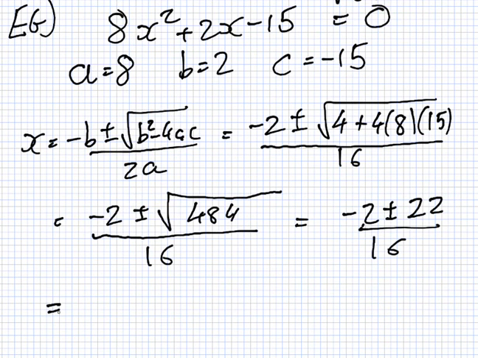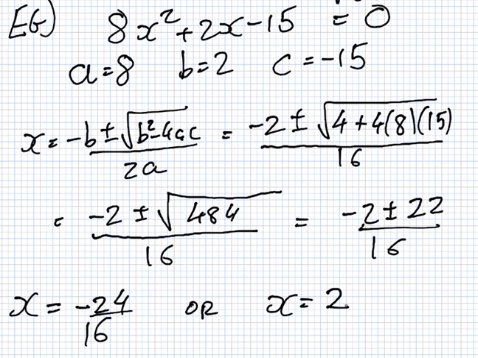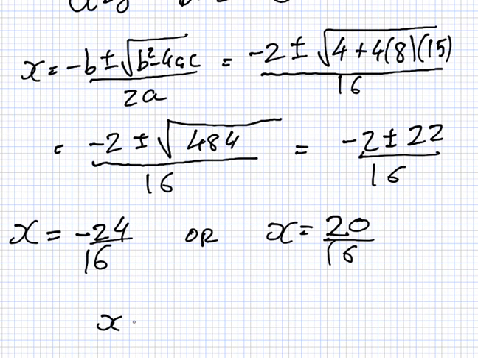So let me see, if I do the minus first, I'll have x equals minus 24 over 16. Or, if I do the plus, I have x equals 20 over 16. I think I can simplify these a bit more. This is 12 over 8, which is 6 over 4, which is 3 over 2.